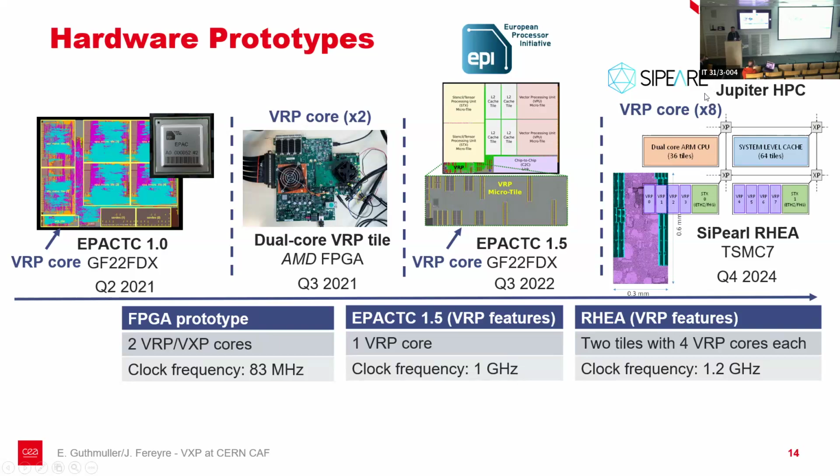This is done by the Cypher startup, and it's something like 80 ARM cores, I think. And we have 8 VRP cores in 2 tiles in this architecture. So we hope to have it by end of next year. And we also have a VRP FPGA prototype, a VXP now, with a dual core.